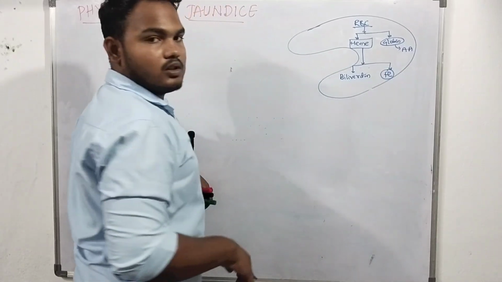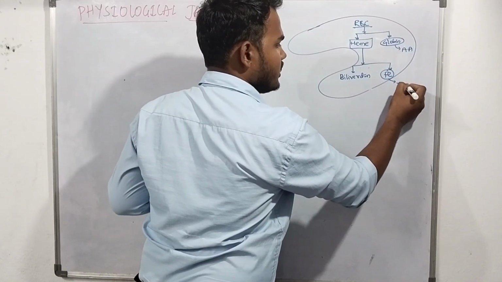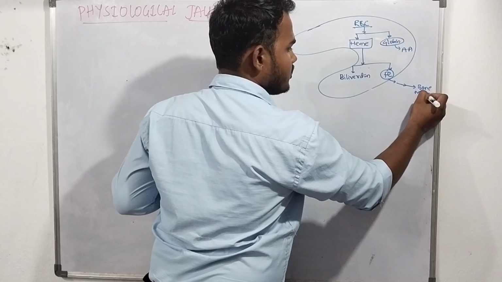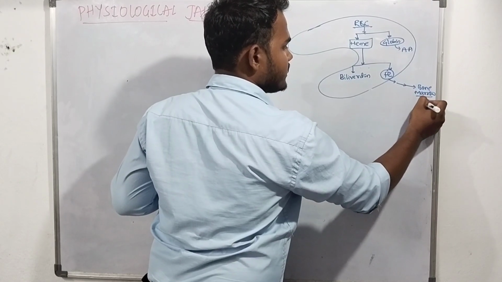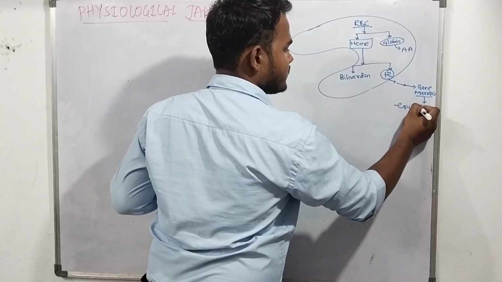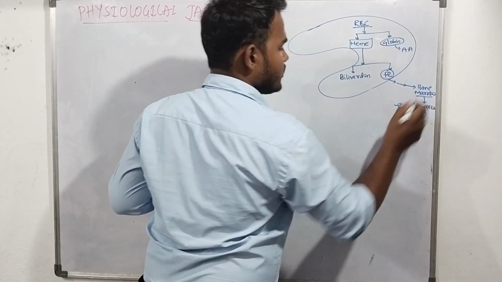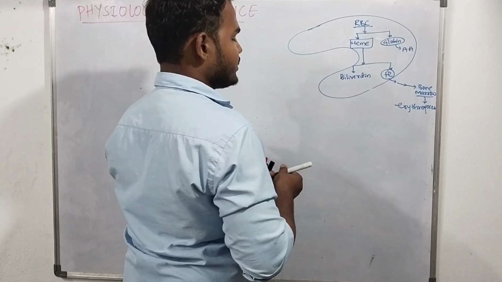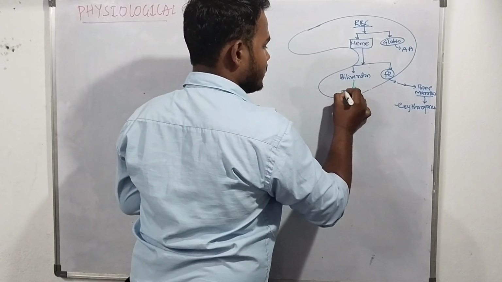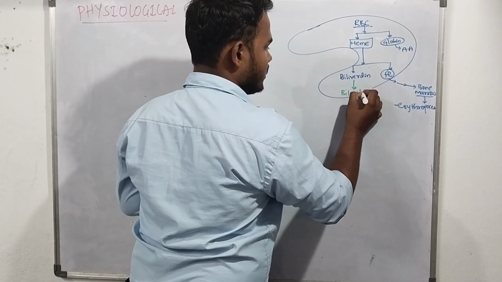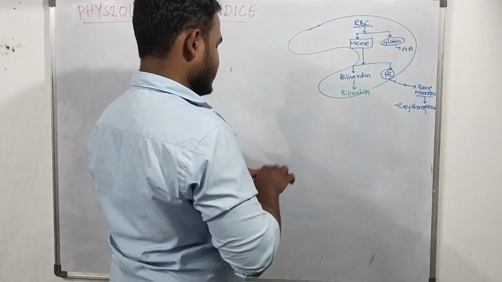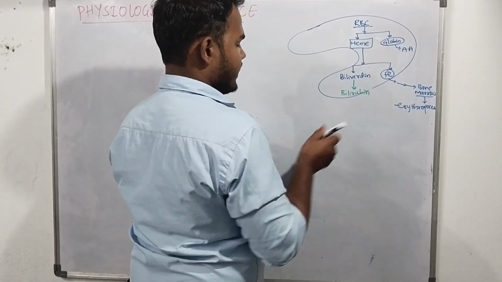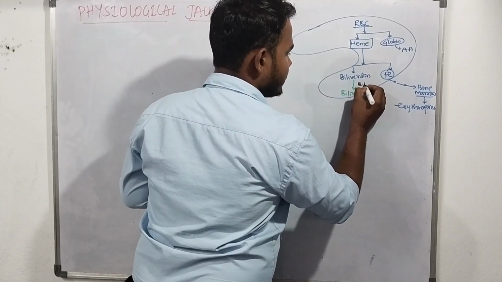This iron goes to the bone marrow, which helps in erythropoiesis. Now this biliverdin is reduced to a compound called bilirubin by a special enzyme known as bilirubin reductase.